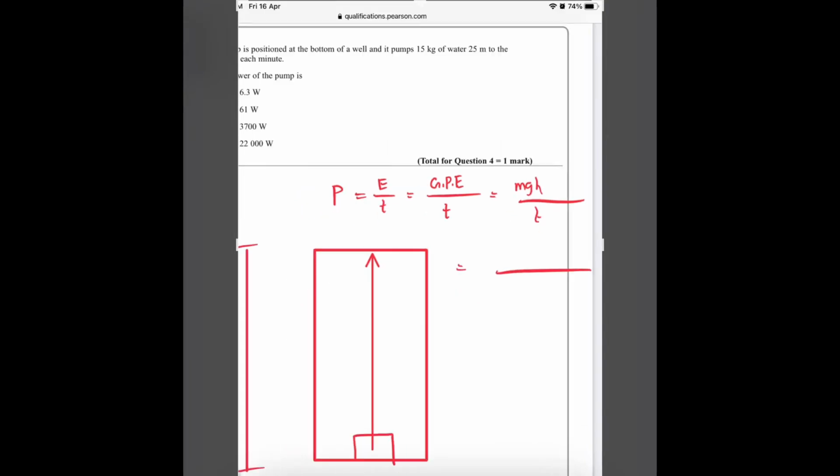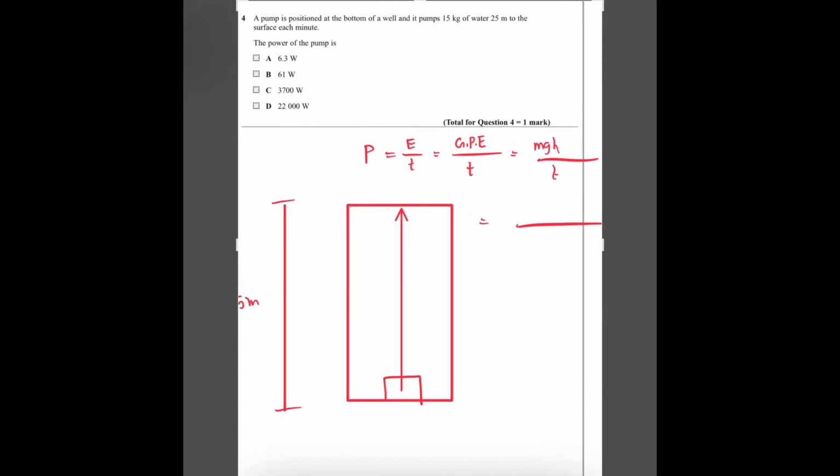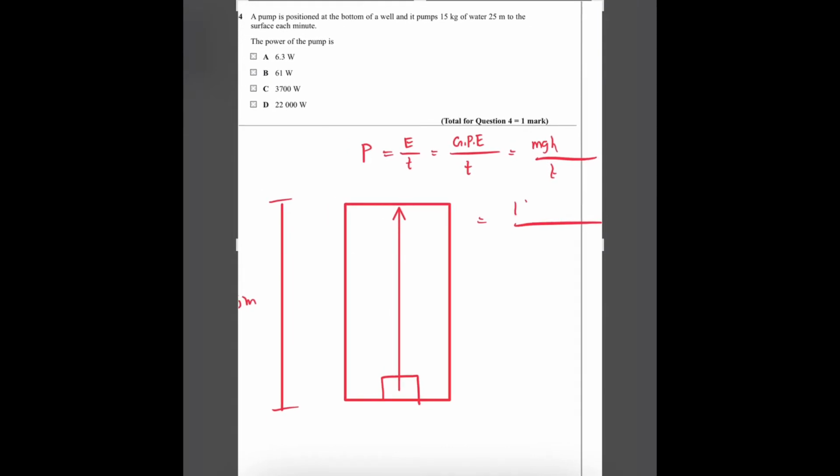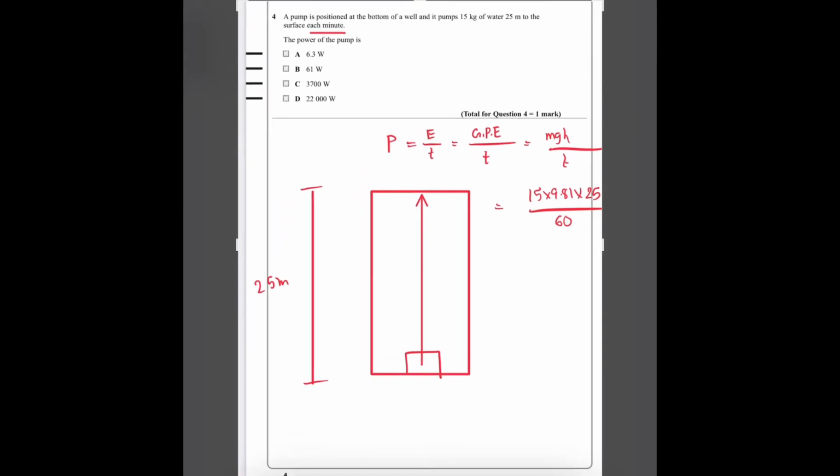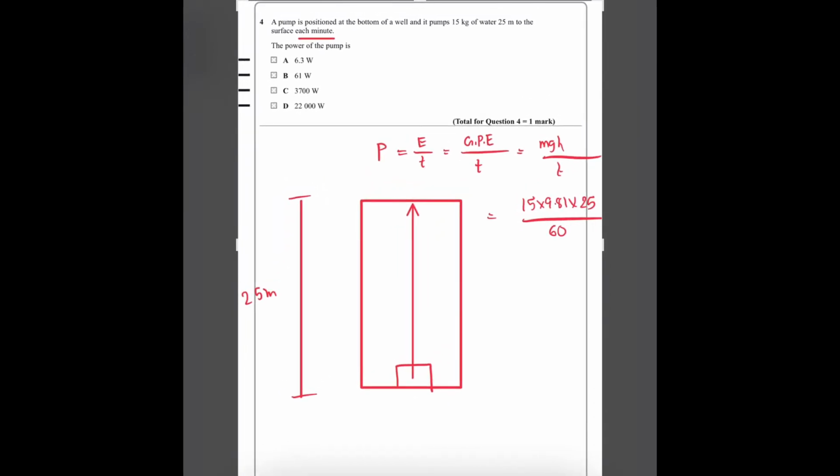The mass of the water is 15, gravity is 9.81, height is 25, and the time is each minute, so 60 seconds. We always need to convert it into seconds, we do not keep it in minutes or hours. So this answer rounds to 61 watts. So the answer is B.